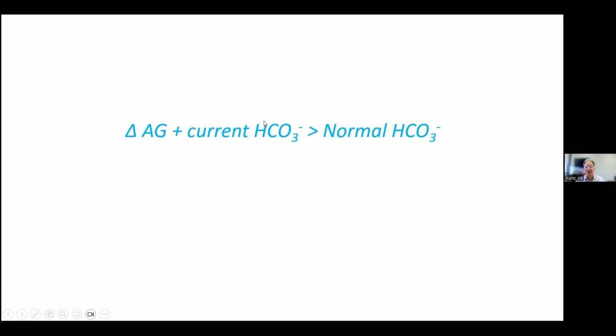So if you get an answer that's above normal, that means that you have more than one acid-base disorder, because when you do this, it should end up being just 24 or 23. It should be a normal bicarbonate. If you do this and you end up with a bicarbonate that exceeds normality, you have another acid-base disorder that is tending to elevate the bicarbonate. You just don't see it because you have a proton load in addition dropping it. So every time you have an elevated anion gap, always do this calculation.